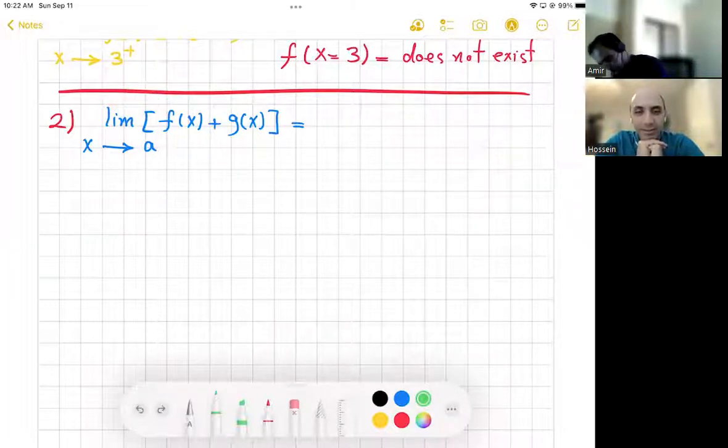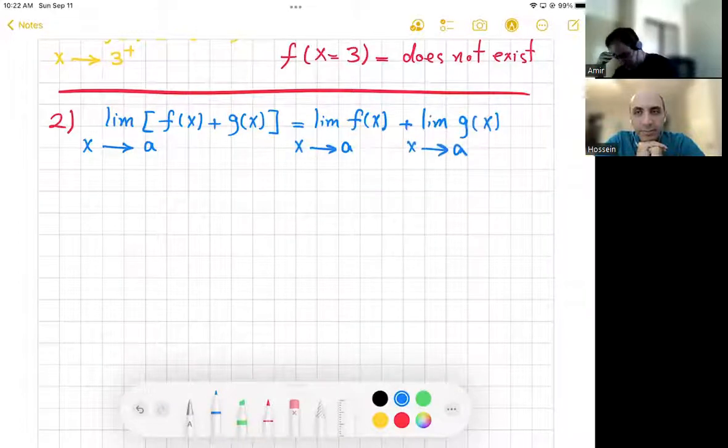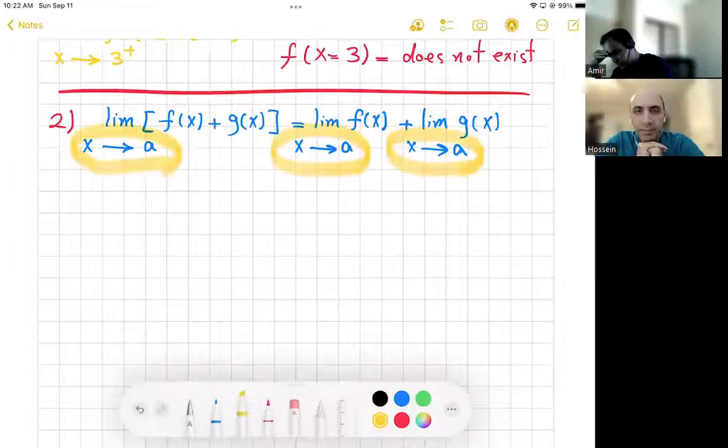So it's going to be the limit of f of x plus the limit of g of x. And we have to be careful that these two are the same as this one.